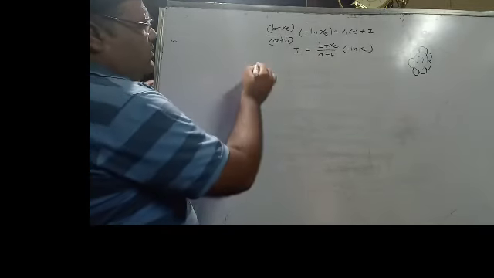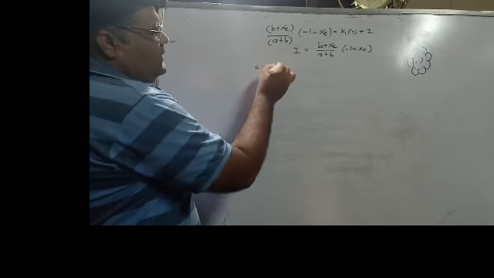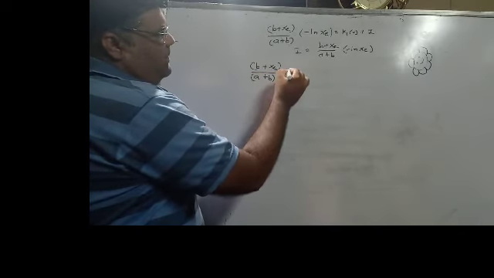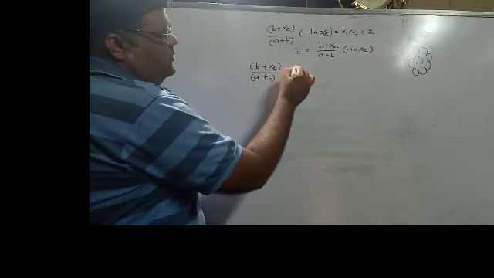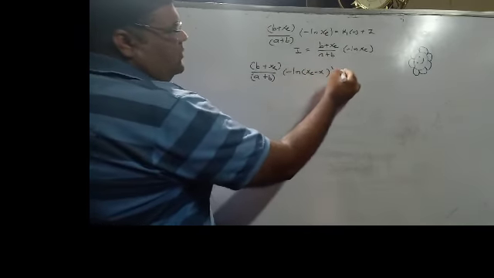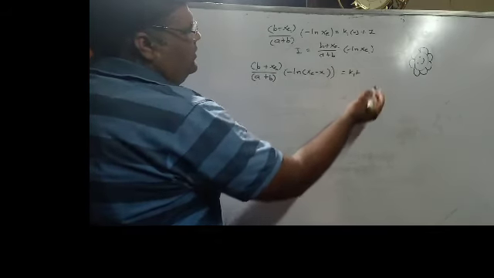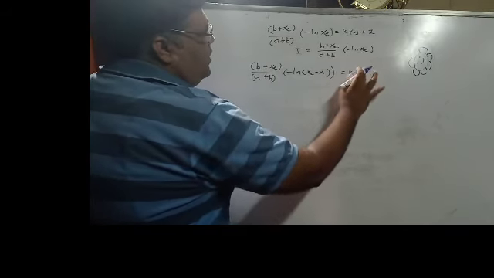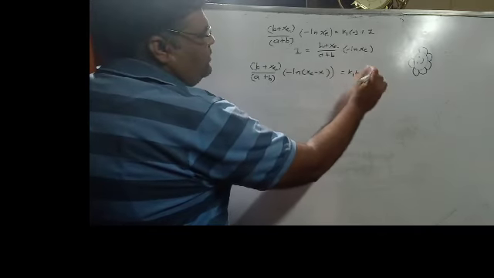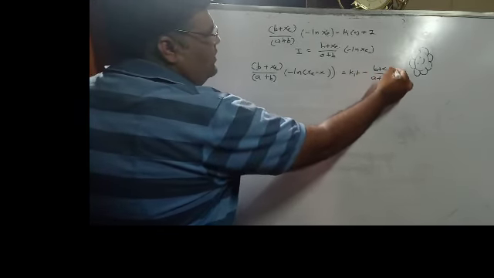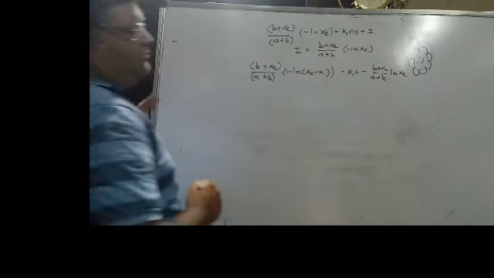So we get (b + xe)/(a + b) into minus ln(xe − x) is equal to k1t minus (b + xe)/(a + b) ln xe.